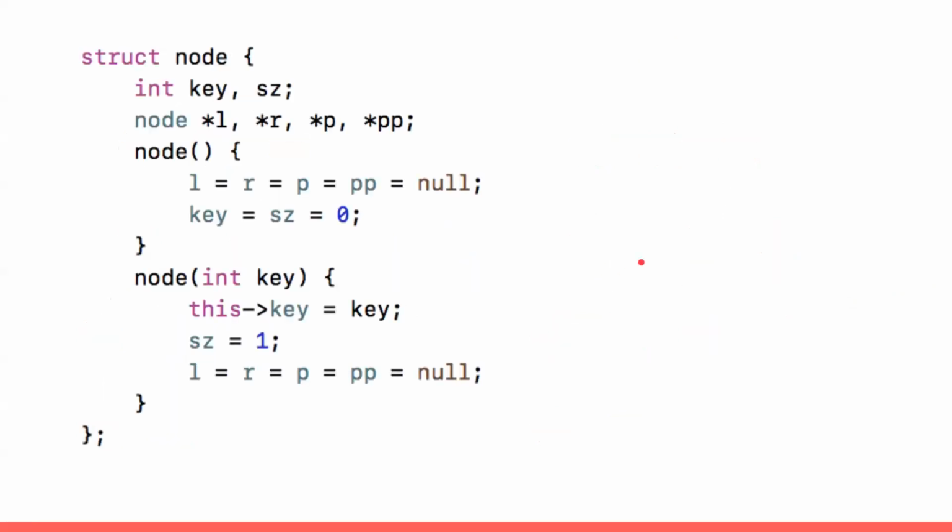Okay, let's continue. As I said before, let's use the display tree. Let's see how our node will be different. Here we have pretty much the same as we had earlier, but we are going to have one more link, PP.